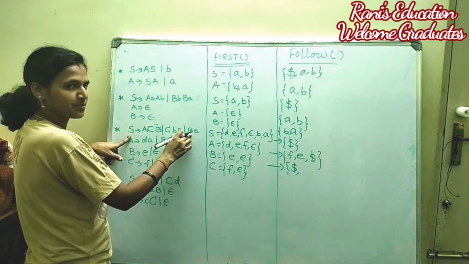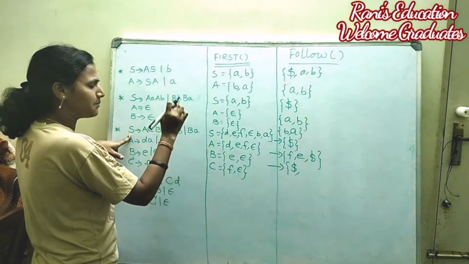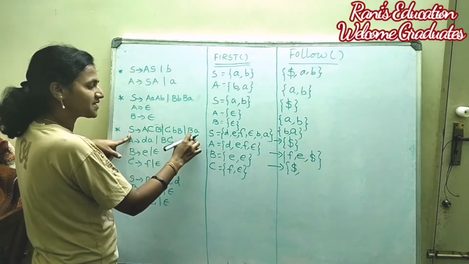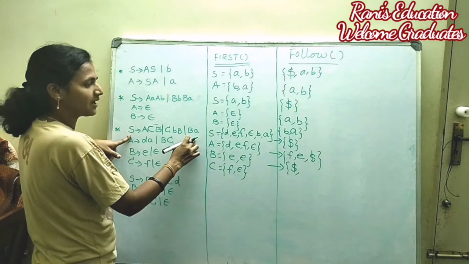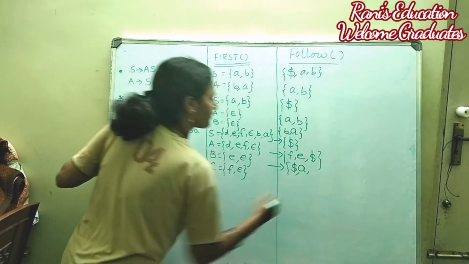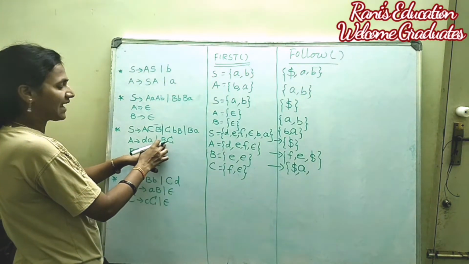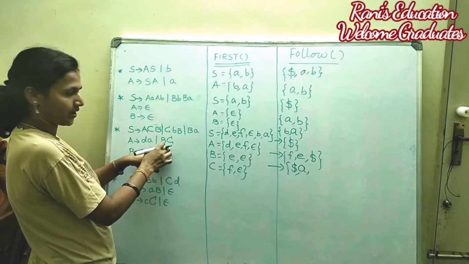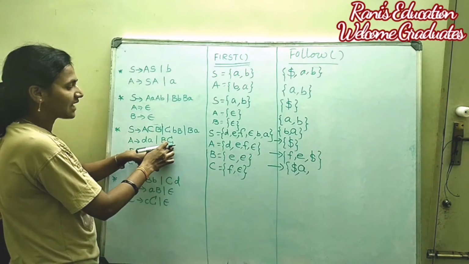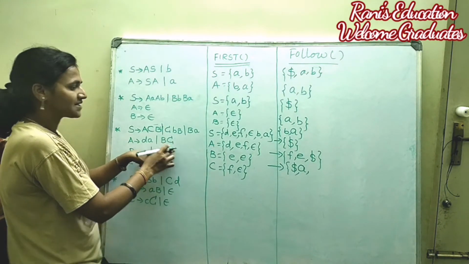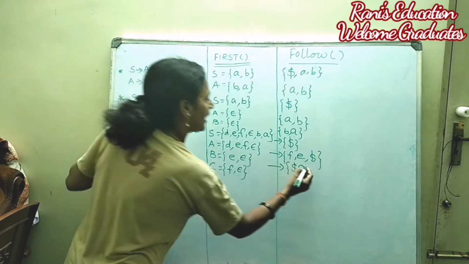Now move on to the third production here. What is the immediate grammar symbol after this non-terminal B? A. What is first of A? That is small e itself, right? Now move on to the A production. Here also we have the non-terminal B in the RHS. So what is the immediate grammar symbol here? C. What is first of C? First of C is F and epsilon.